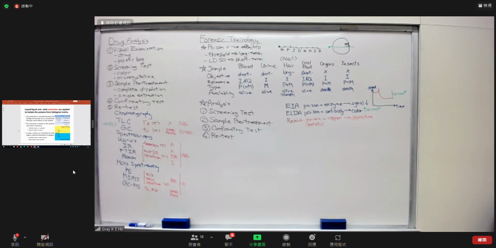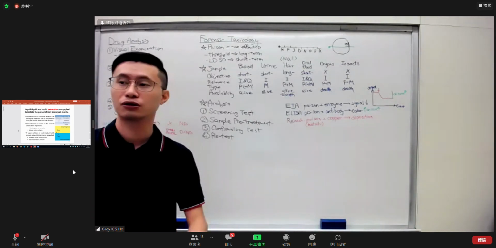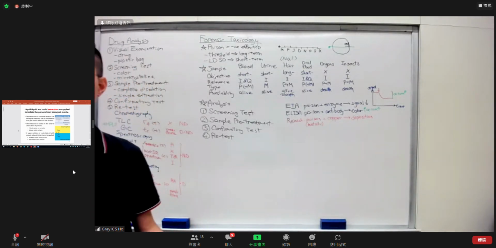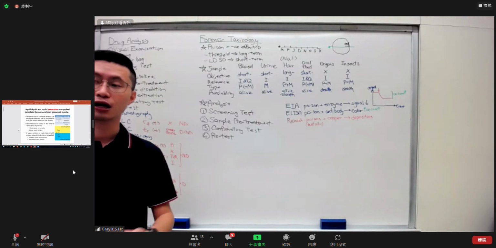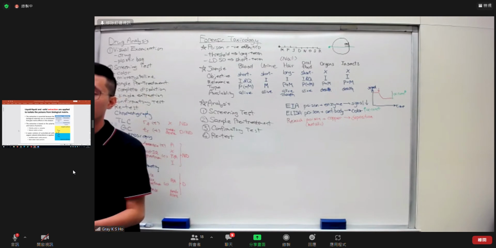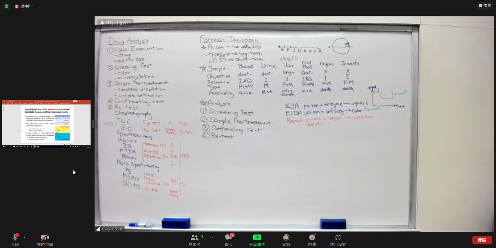We cannot simply dissolve it, use an appropriate solvent to dilute it, and then measure it. Actually, there is no way to do it, because if you just dilute it, the concentration gets even lower. At the same time, after the dilution the matrix is still there, the matrix effect is severe, and the result will be quite poor.